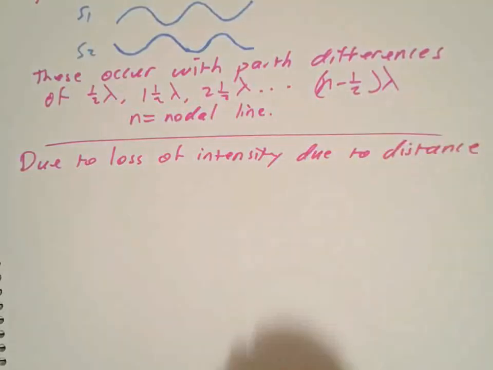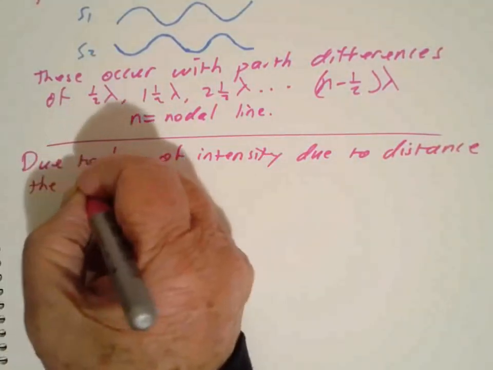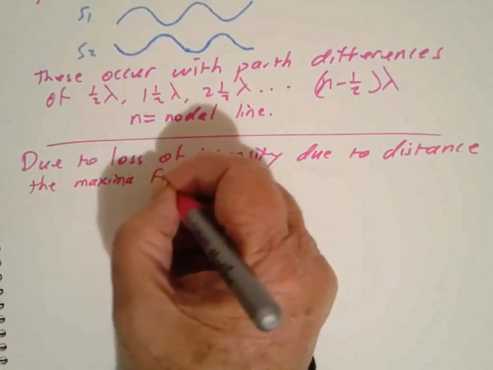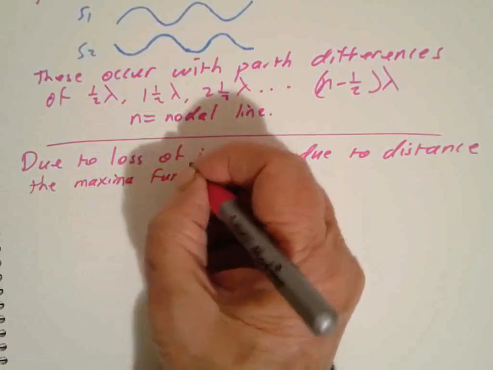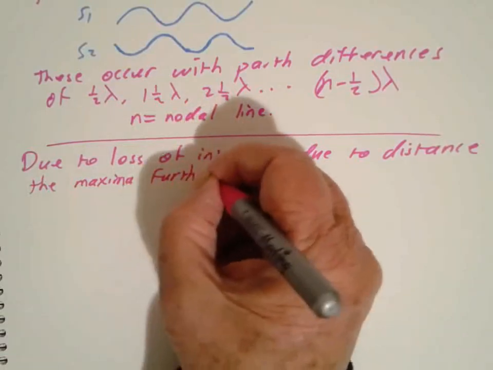So due to loss of intensity with distance, the maxima further away from the centre are a little bit duller or less bright or quieter, depending on what sort of waves you're using.